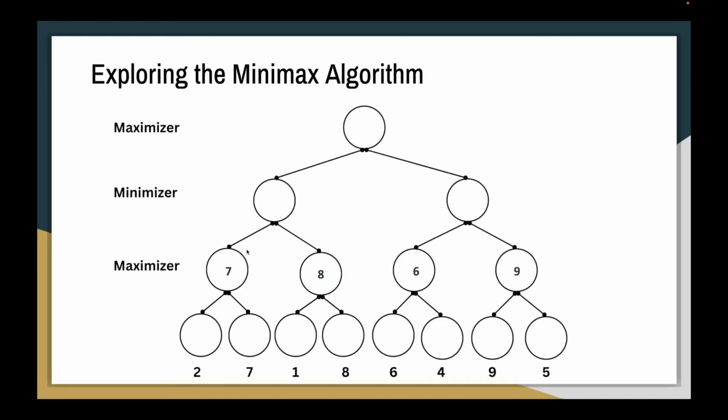He can see 7 and 8 as the scores in the two nodes and he needs to minimize the value of the maximizer. So which one will he choose? 7 or 8? 7 is the minimum value. So he is going to the node 7. And then 6 versus 9, in that he is going to choose the value 6.